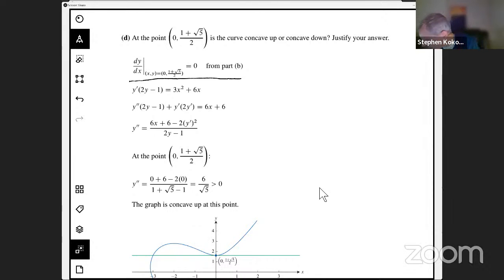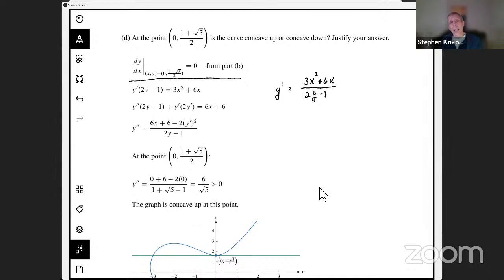Now I'm going to scribble a little bit off to the side. Remember, we had an expression for y prime, which was equal to (3x squared plus 6x) divided by (2y minus 1). If I wanted to find y double prime, the intuitive thing to do is to take the derivative of both sides, which is fine, because on the left-hand side we'll be left with simply y double prime.